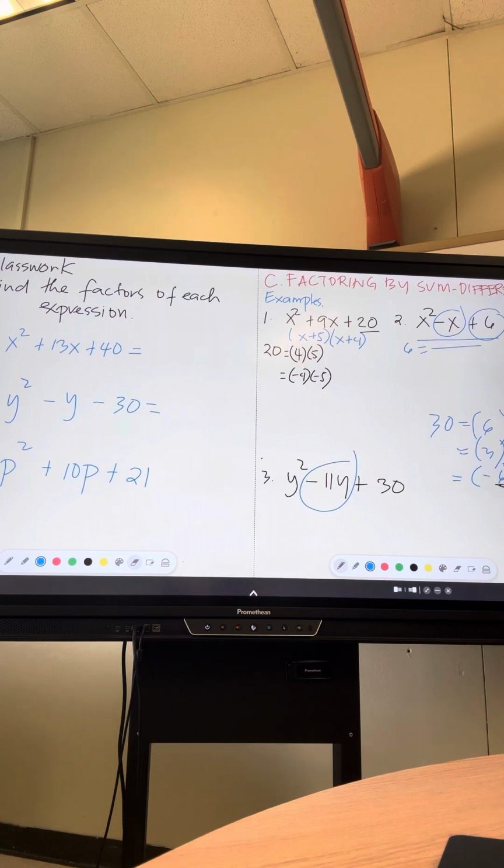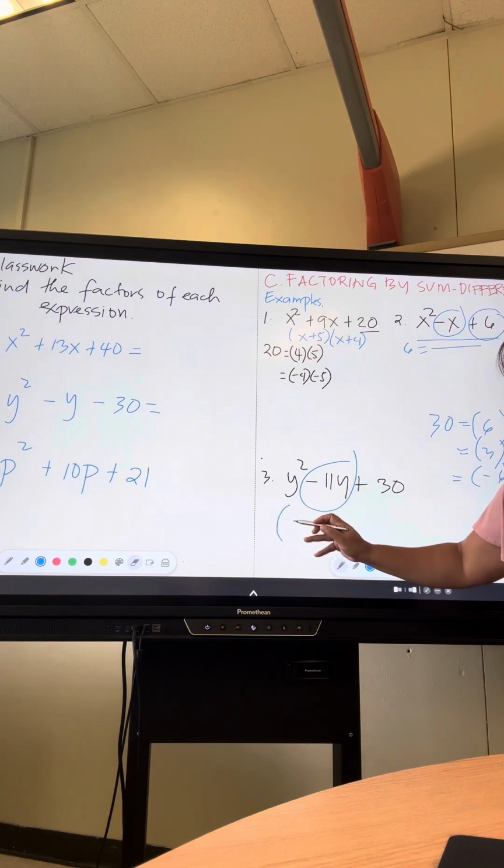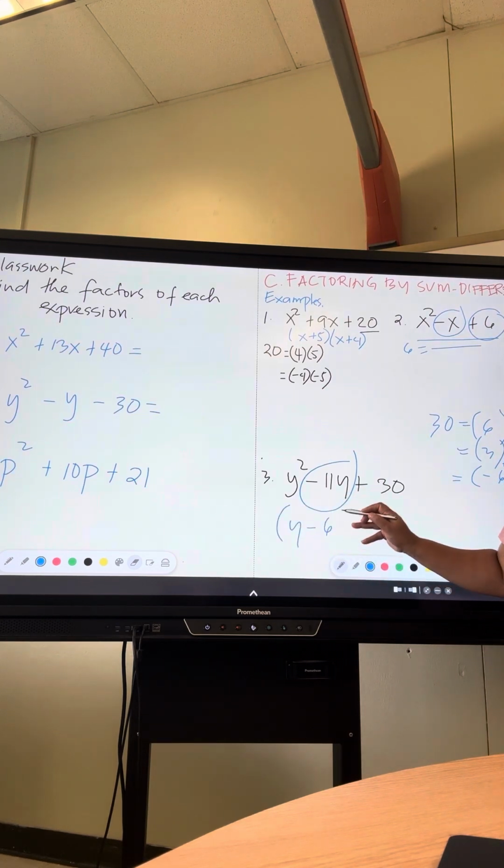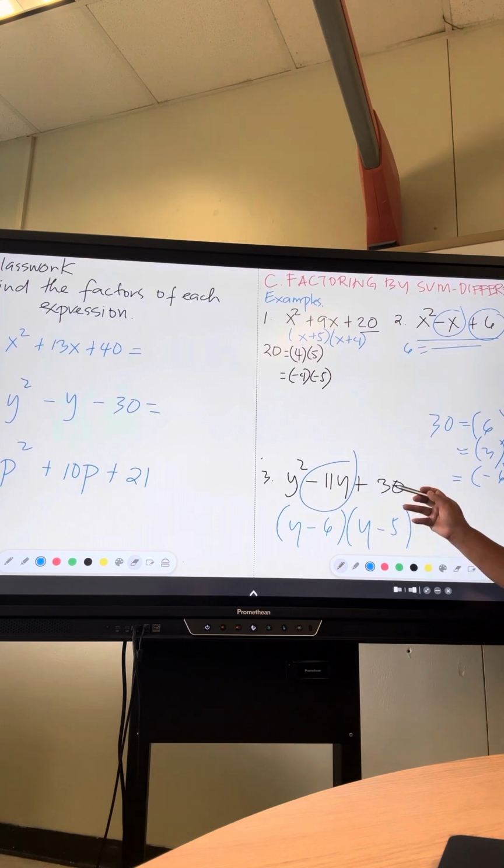And then this one, negative 6 plus negative 5, gives you negative 11. So therefore, you are using this factor, class. We have y minus 6 times y minus 5. Why? Because if you multiply negative 6 times negative 5, it gives you positive 30. It makes sense.